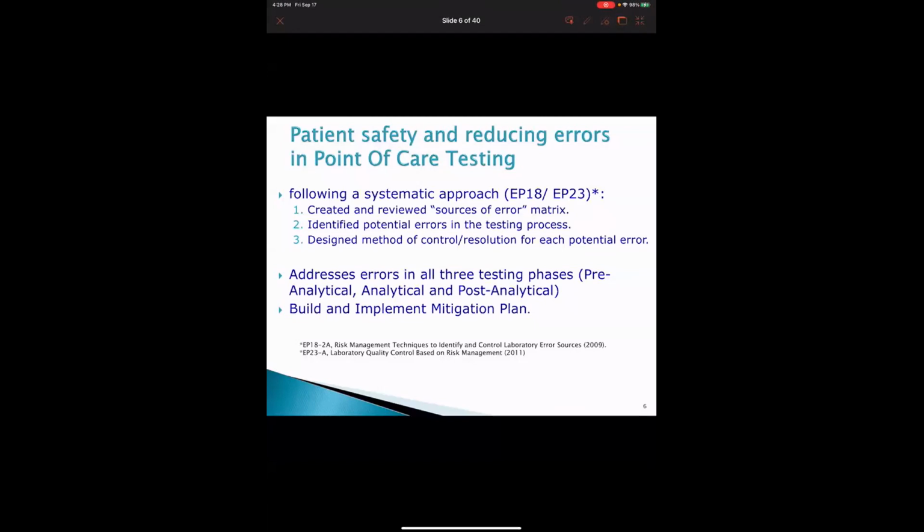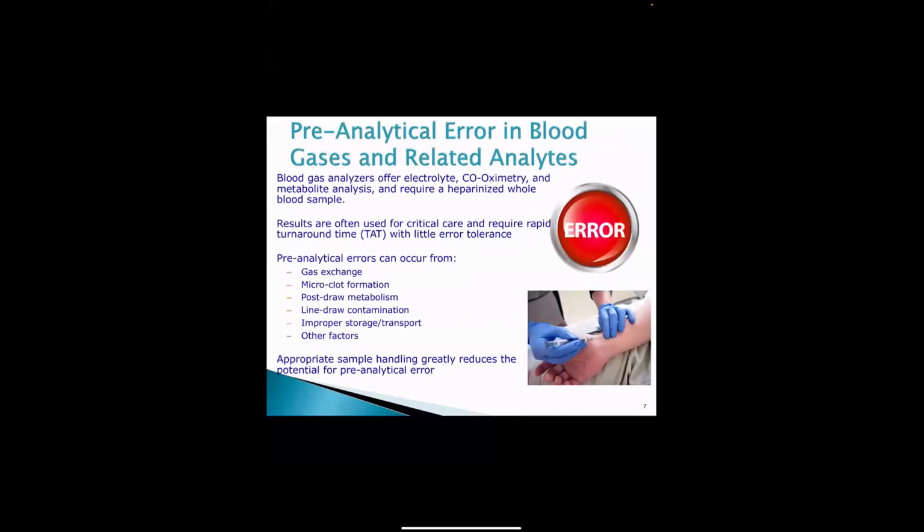So, regarding pre-analytical error in blood gas testing: blood gas is commonly ordered in hospital settings, where the results are often used for critical care and require a rapid turnaround time. Pre-analytical error can occur from several sources, starting from choosing the correct test to ensuring that the specimen is introduced into the blood gas analyzer correctly.